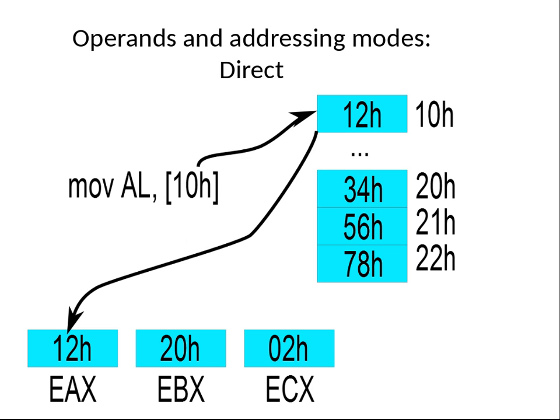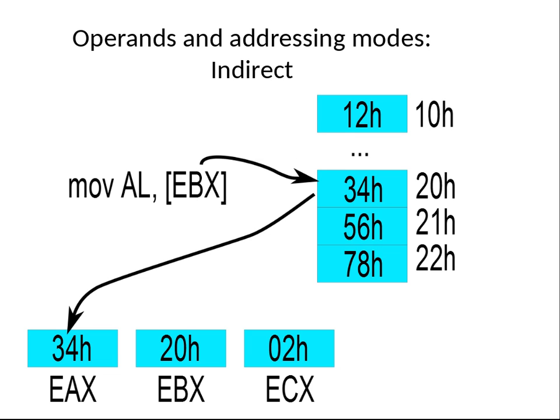Or you can jump to memory address 10H, which is memory address 16, and in this example it stores 12 in hex, and then take that value and put it into EAX. Or you can jump to where EBX is pointing, in this case 34 in hex, and shove that into EAX.